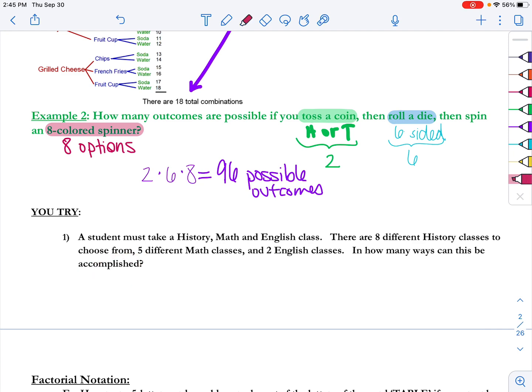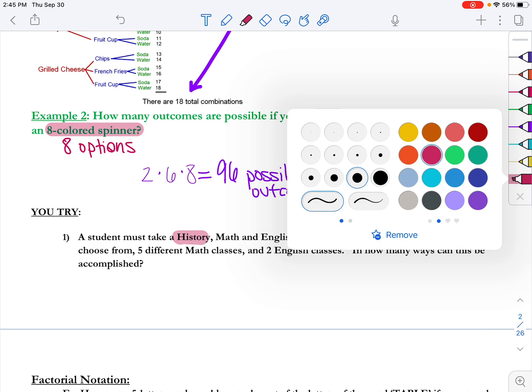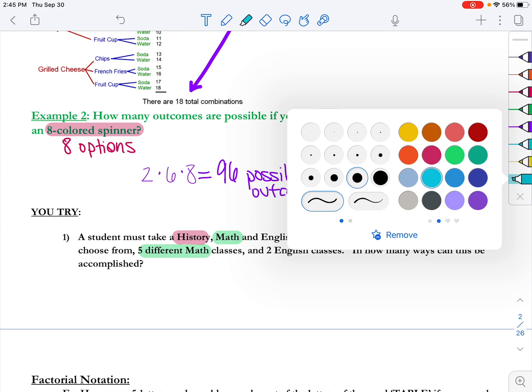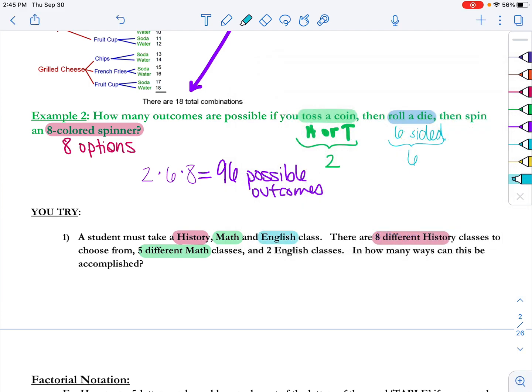So again, does what the student takes for history, where there's 8 different history courses, does that have any effect on the math class that he chooses, which there's 5 different math classes? And does the math class have any effect on the English class? No, these are all independent events. So go ahead and find out the total number of possible class combinations this student can have.